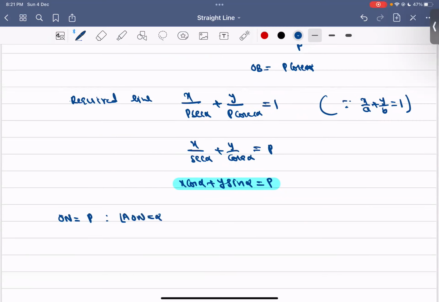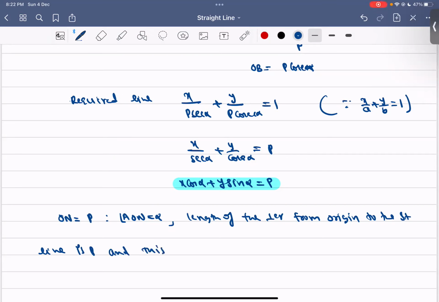So the length of the perpendicular from origin to the straight line is P, and this perpendicular makes an angle alpha with the positive direction of x-axis.